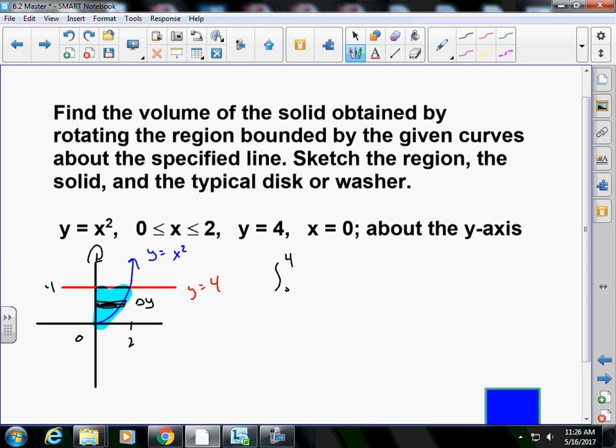I have y equals x squared. Well, that doesn't help me. So I have y equals x squared, or x is equal to y to the 1/2. So my function I want to evaluate, don't forget my pi out front, is y to the 1/2. I need to square it. I'm evaluating in terms of y. So I have pi integral from 0 to 4 of y dy.